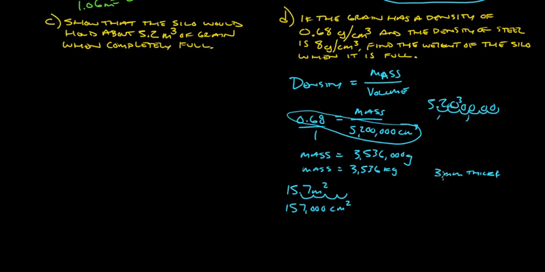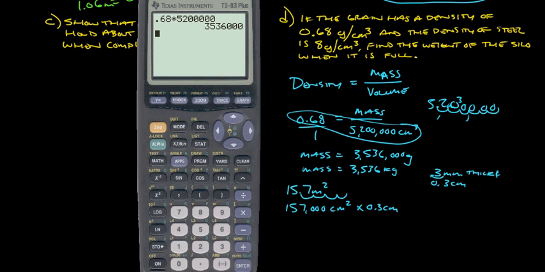So we got to move that into centimeters also. So that's 0.3 centimeters. So we multiply that by 0.3 centimeters to get our total volume of steel that we're using.